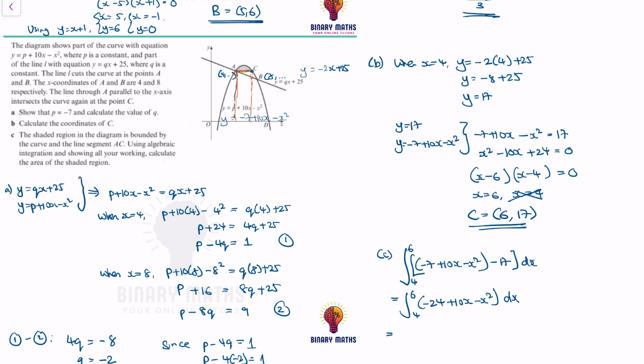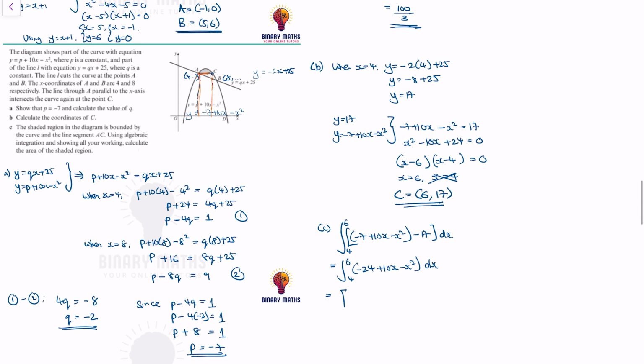Now we can integrate. When we integrate, we get minus 24x plus 10 over 2, which gives me 5x squared, minus a third x cubed, between 6 and 4. First I need to substitute 6 in, and then I need to substitute 4 in.